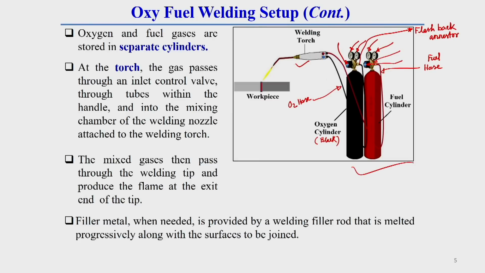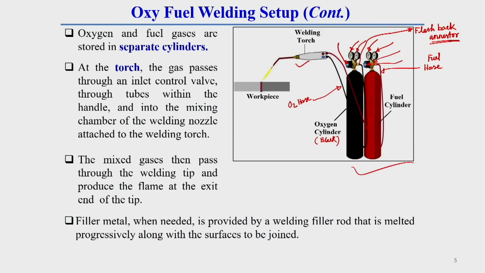So, to prevent that burst of the cylinder or the backflow of fuel gases or oxygen gases, a flashback arrestor is used. Its function is that it does not allow the gas to return back inside the cylinder. Once there is a chance of backflow, it automatically chokes the flow, so the gas cannot enter the cylinder, and there will be no chance of accident. So this is called a flashback arrestor.